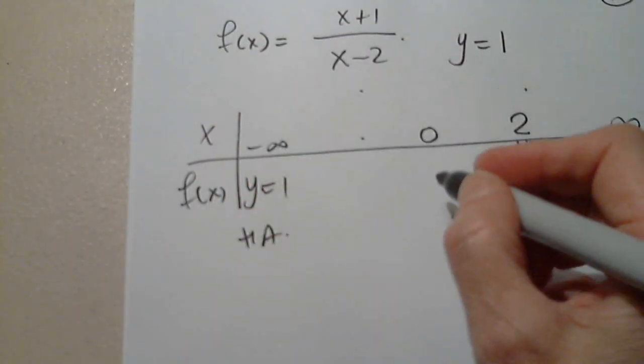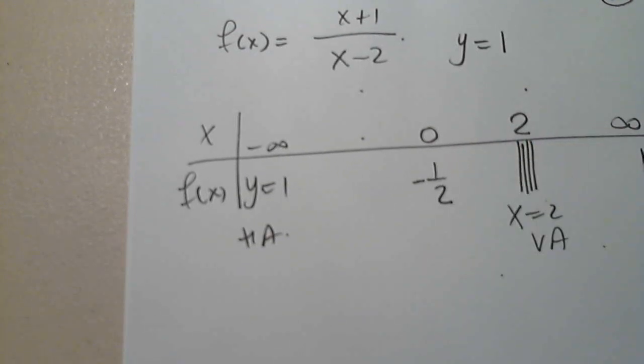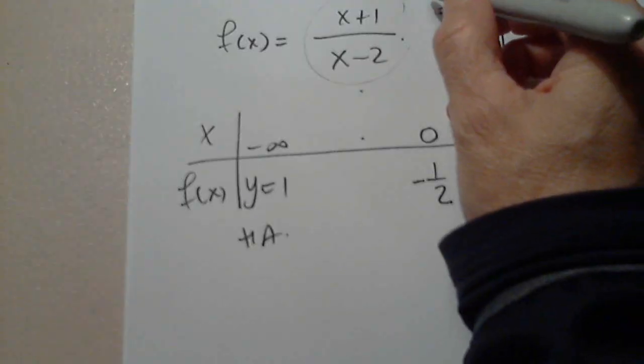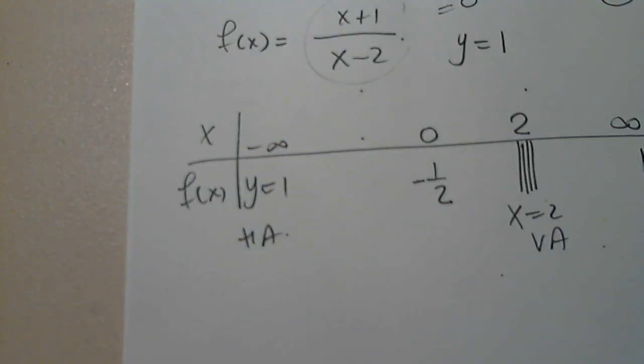When I plug in 0, I get negative 1/2. When is this fraction 0? When is any fraction 0? Only when the fraction's numerator is 0, indeed.